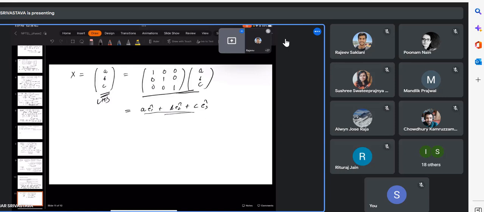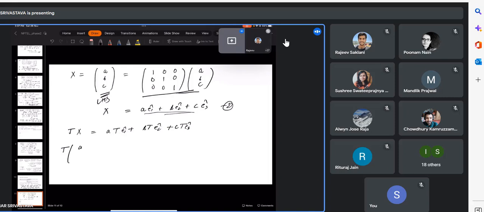Now, you operate some linear transformation T on this vector space, Tx. So X is this, and on this equation, just operate T. You can operate T on these basis vectors.